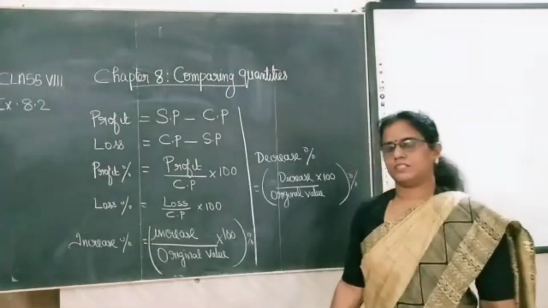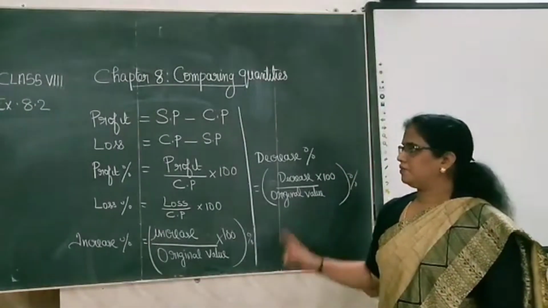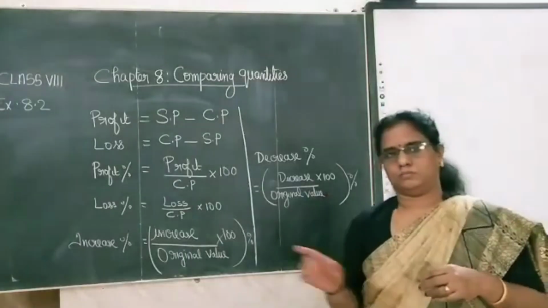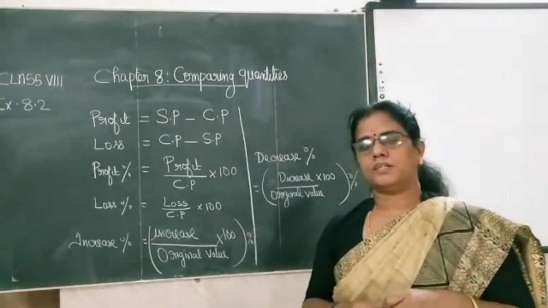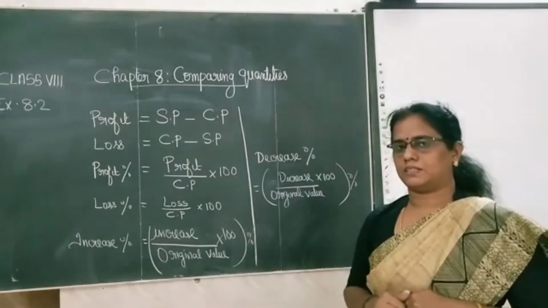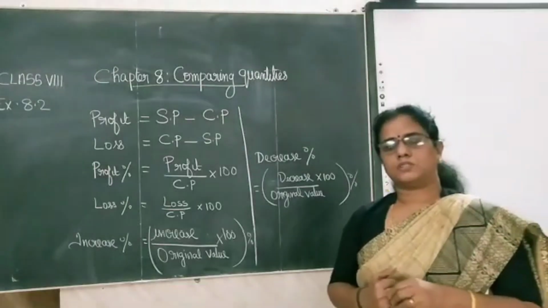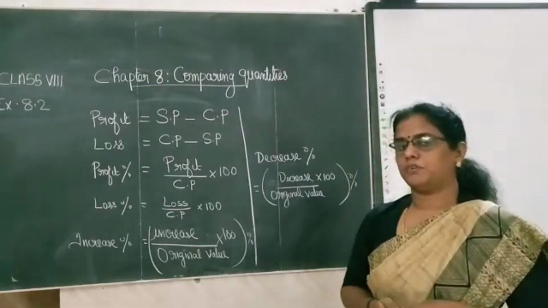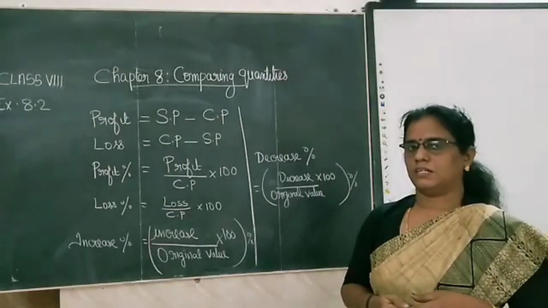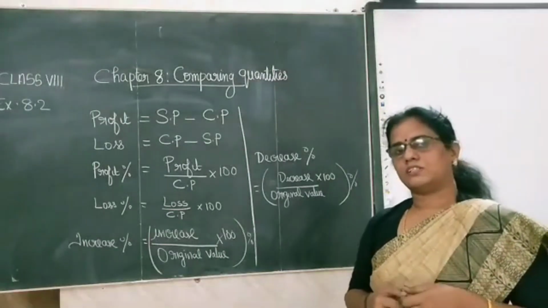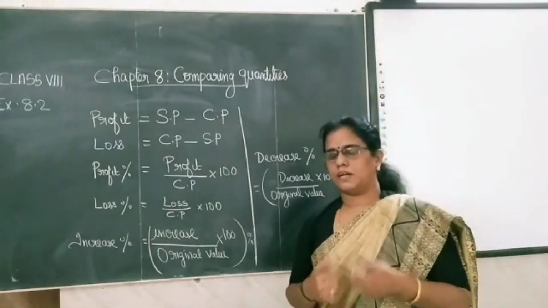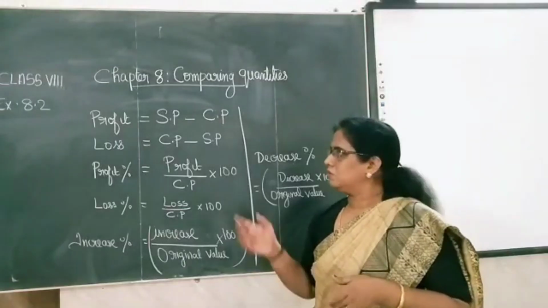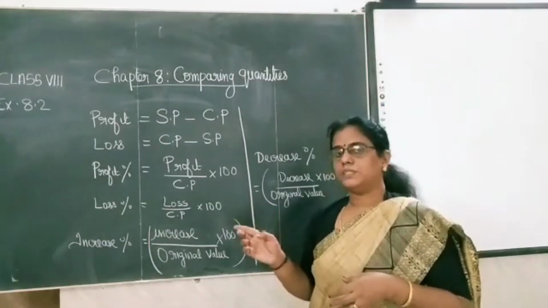Now before discussing question number 2, we have to discuss some terms we already discussed in the previous classes. That is selling price, cost price, profit, loss, and profit percentage, loss percentage. All these things we discussed last year also, so now we can just go through it.